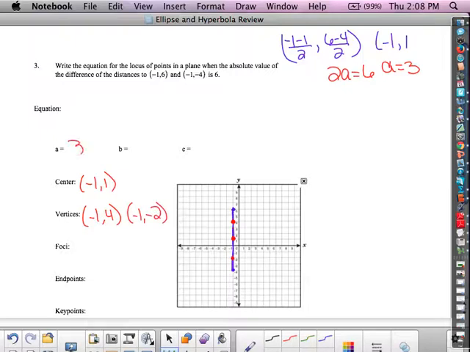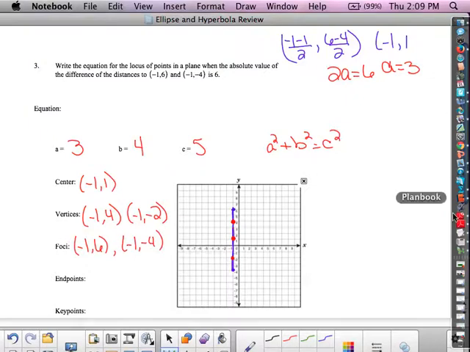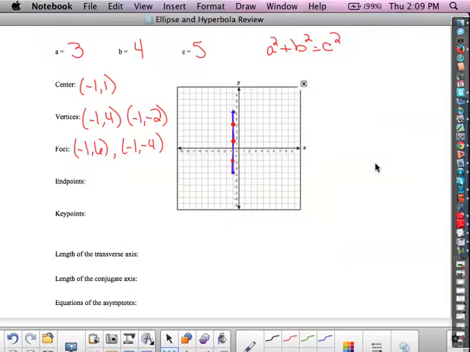So a is 3. Then you can look and you can see from the center to a foci is 5. So c is 5. You'll use a squared plus b squared equals c squared to find the length of b, which will be 4. You're given your foci at minus 1, 6, and minus 1, minus 4. For your endpoints, you'll go to the center and move left and right of the center 4 units.